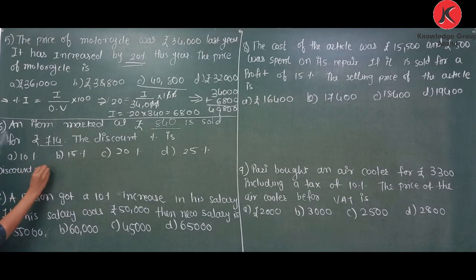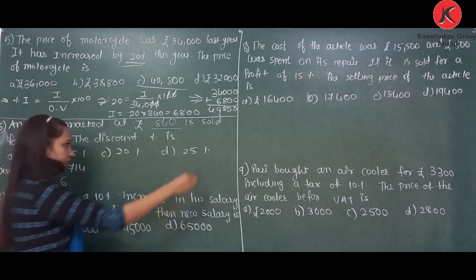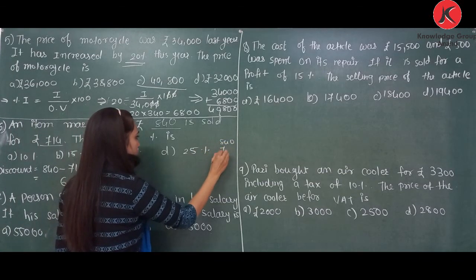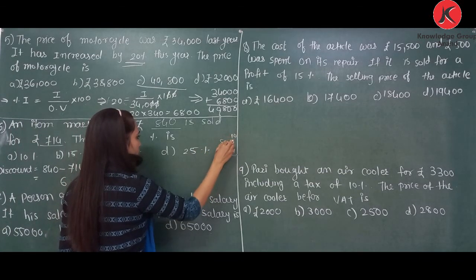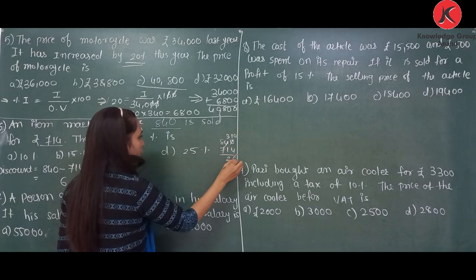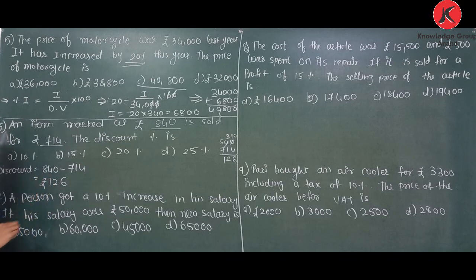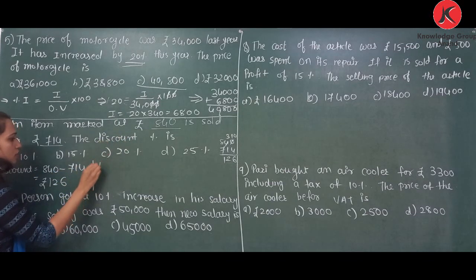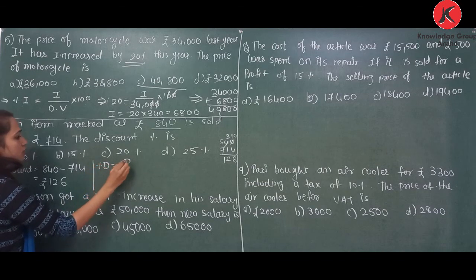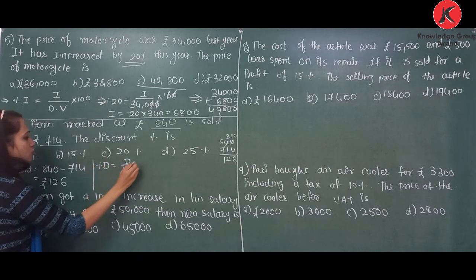Discount will be 840 minus 740, so we will get 126. So that is the discount in rupees. Now we need to find the percentage discount.